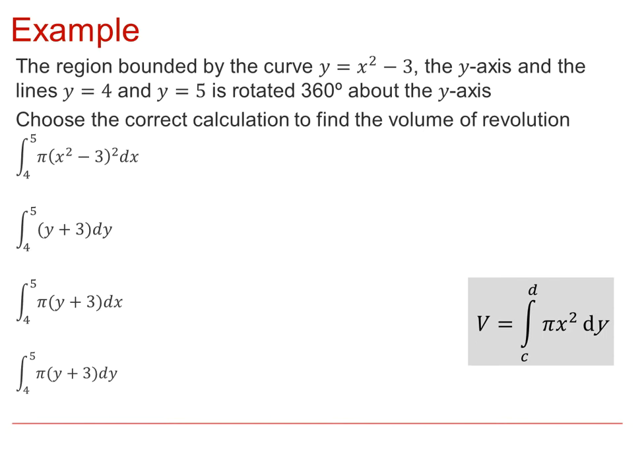We can see that in terms of getting a pi, the second choice does not have a pi in it, so forgetting the pi is a problem. And let's also look at the y plus 3. If we have y equals x squared minus 3, then we can rearrange that to being x squared equal to y plus 3.